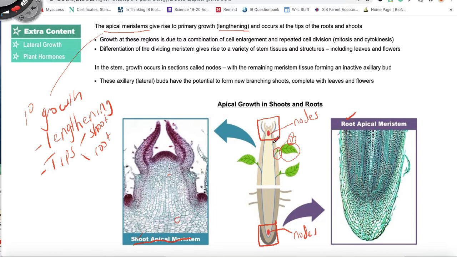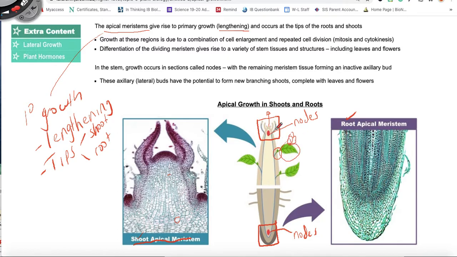So the main node found within the shoot apical meristem is going to allow this plant to grow tall and lengthen. And the axillary meristem or the axillary lateral buds is going to allow for the growing of new branches, new leaves and flowers.